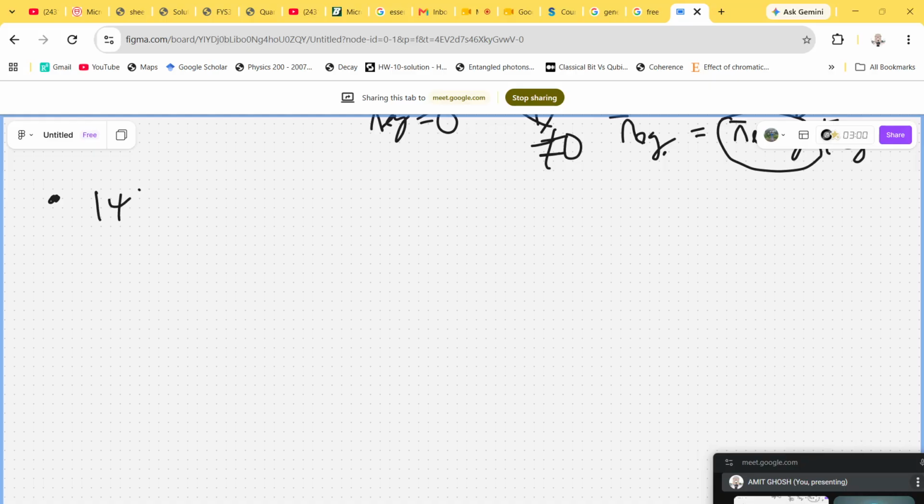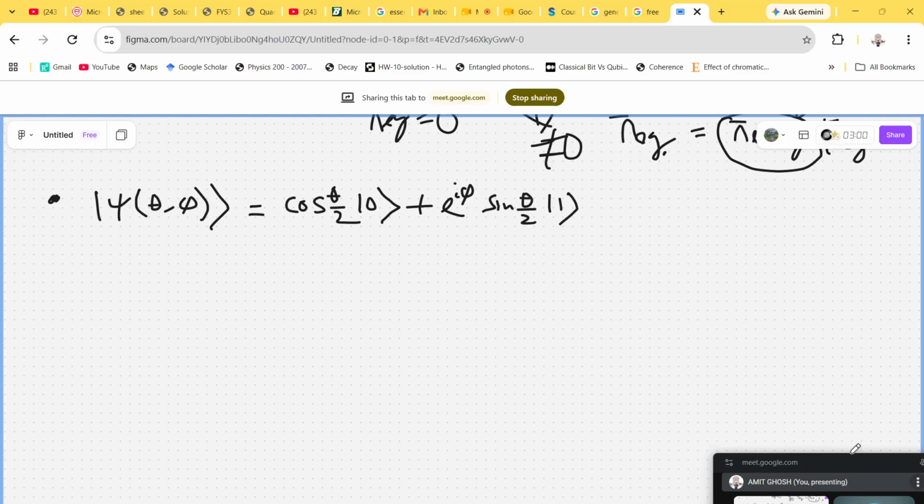Suppose this is your wave function psi theta comma phi, given by cos theta by 2 |0> plus e to the power i phi sin theta by 2 |1>, where theta belongs to 0 to pi and phi belongs to 0 to 2 pi.